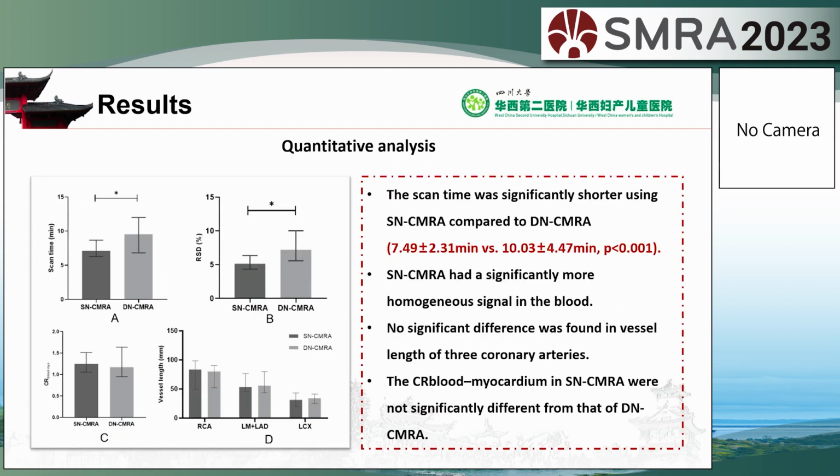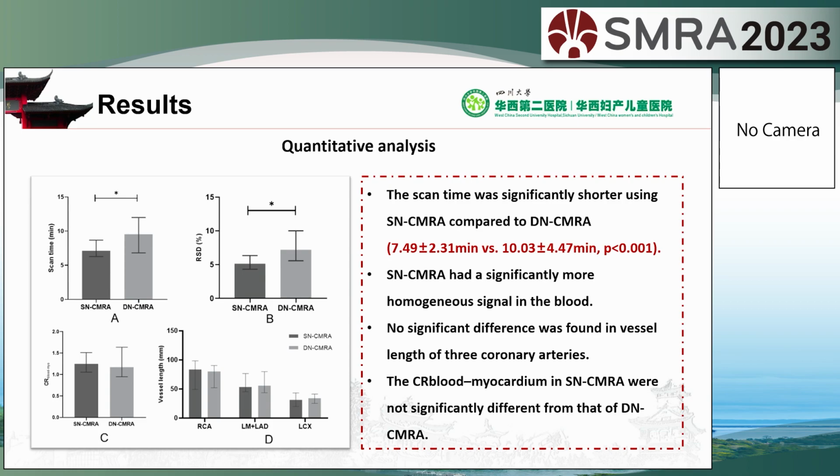For quantitative analysis, the scan time was shorter using self-navigated CMRA. Self-navigated had a significantly more homogeneous signal in the blood pool. No difference was found in vessel length of the 3 coronary arteries in the two sequences.